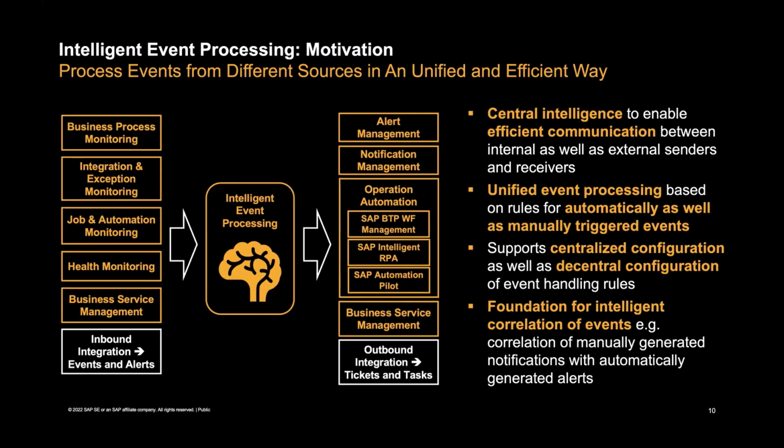In such cases, it's better to group them together, solve the infrastructure issue first, and then handle in a summarized activity all the individual issues in the applications caused by this, which are not automatically solved by solving the infrastructure issue. This foundation will also be built based on intelligent event processing.